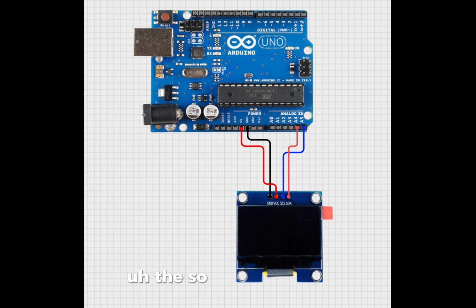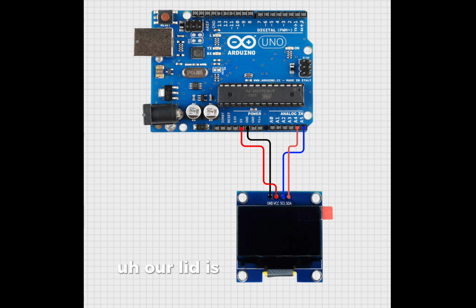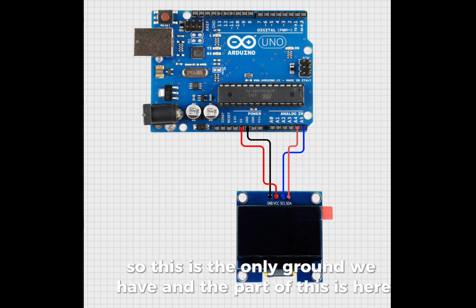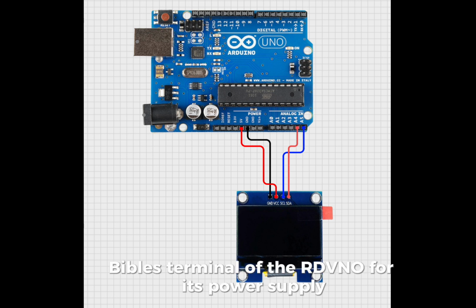Arduino. So as we can see here, the ground connection from the pin terminal of OLED is connected here on the ground terminal of the Arduino. So this is the only ground we have, and for the VCC, we connected it to the 5 volts terminal of the Arduino for its power supply.